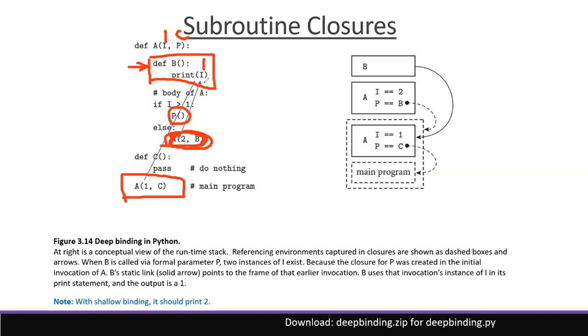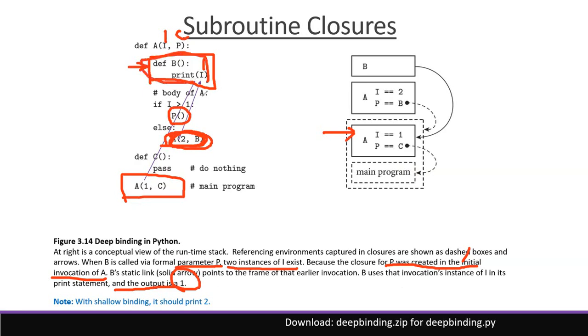So this is a conflict of whether it's deep binding or shallow binding. The right concept is the runtime stack and the reference environment capturing the closure, shown in the dashed box. When B is being called, the parameter P and the 2 instances of I exist. Because of this closure, P was created in the initial invocation of A, so it's using the deeper one. So for deep binding, you get 1.